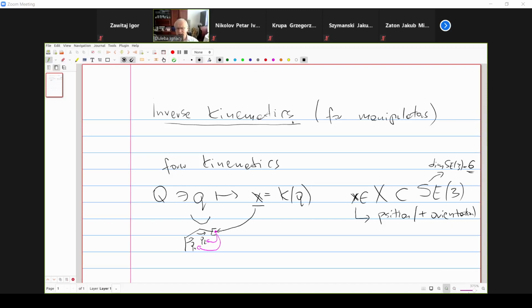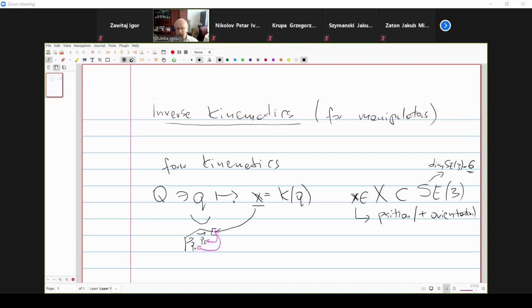Unfortunately, inverse kinematics is much more complicated. Why? Because the mapping, as you know, because we have done a few examples, is highly nonlinear. You can see sines, cosines of some angles or sums of angles. So the formulas are really complicated, and when the dimensionality of the configuration space grows, the complication of equations grows rapidly.